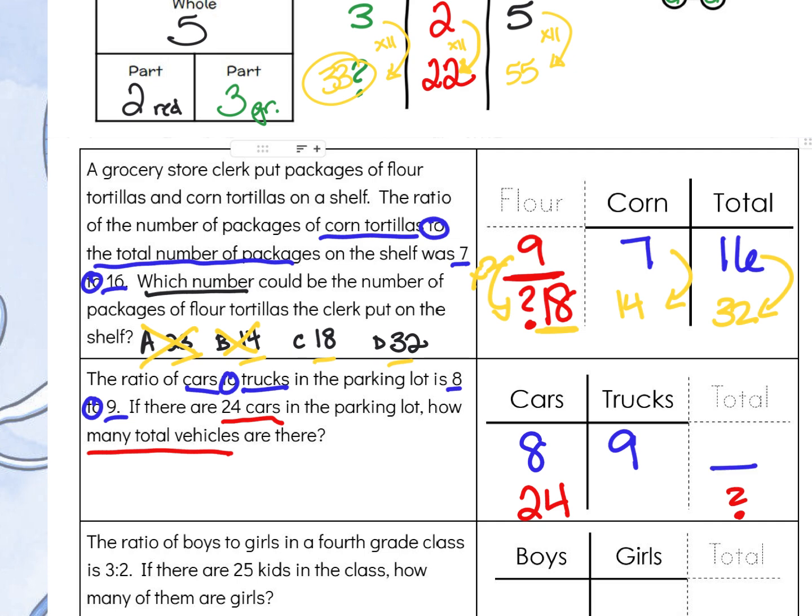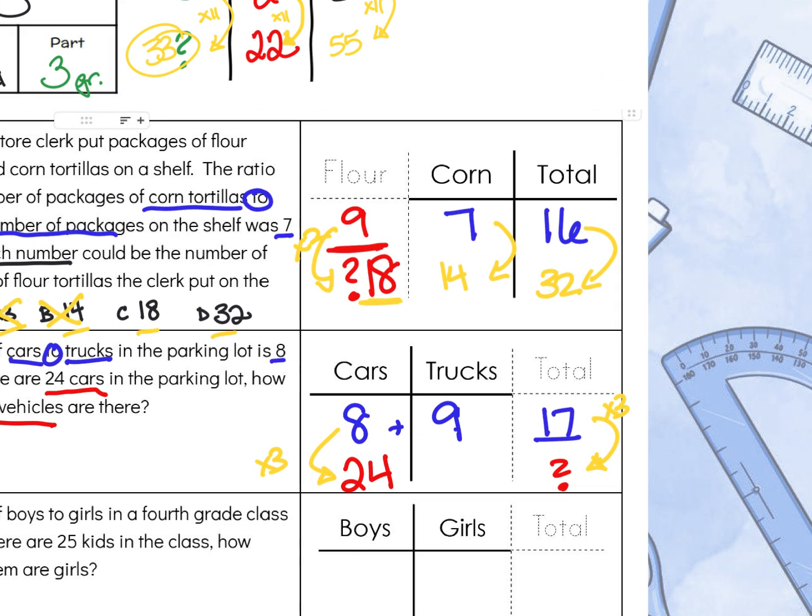So if we have 8 cars and 9 trucks, then I'm going to add those up, right, to get 17 total vehicles. Now I got to look for my multiplier. How do I get from 8 to 24? Times 3. And then 17 times 3 will be our answer. So I'm going to come over here on the side and say 17 times 3.